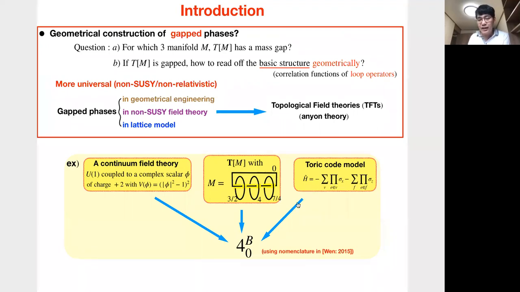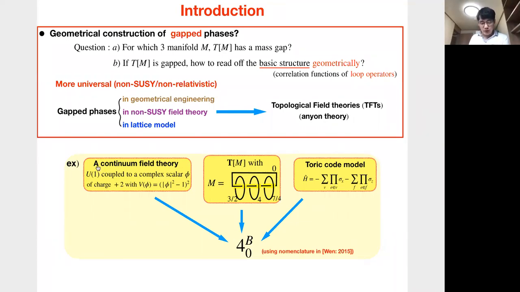It turns out that in the zero temperature limit, where only the ground state is relevant, this system is described by some anyon theory or topological theory, denoted by these notations. And in our geometric setup, this topological phase can be described by a 3-manifold of this type. Then we will show that this theory will flow to this gapped phase.